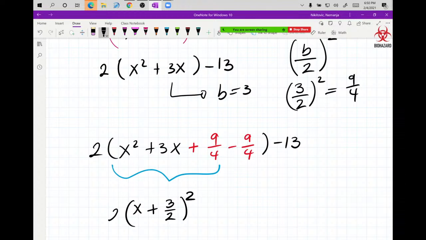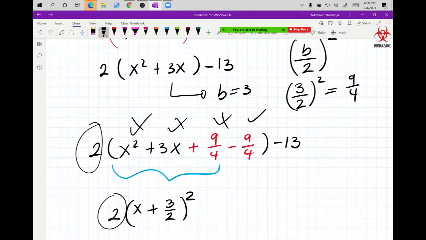Now you still have 2 in front. And now here is the grade slayer. This 2 is multiplying all 4 terms. By using that 2 in front of the square over here, you took care of the first 3 terms.